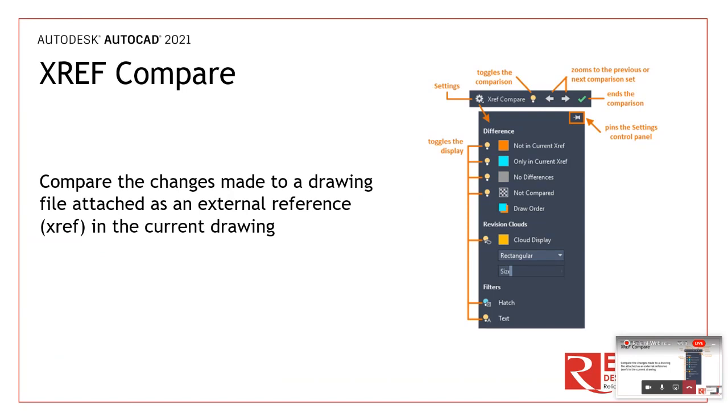In the previous version, AutoCAD 2020, we were introduced to a new feature called DWG Compare, which is very good. We can compare two different drawings and see what objects have been moved or deleted. Now in the 2021 version, they further enhanced it to enable us to compare XREFs. So if you use a lot of linked files, you can now compare what the differences are.